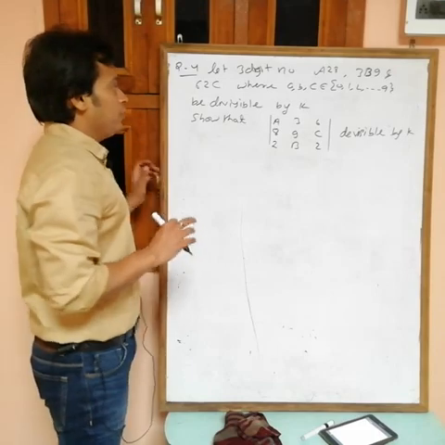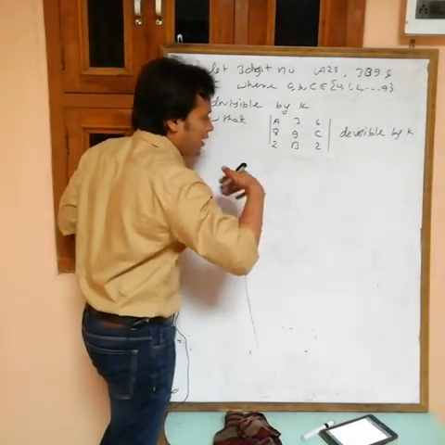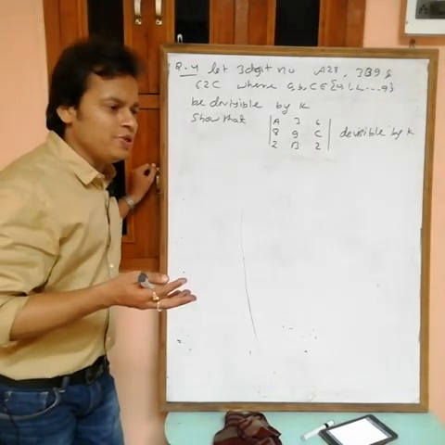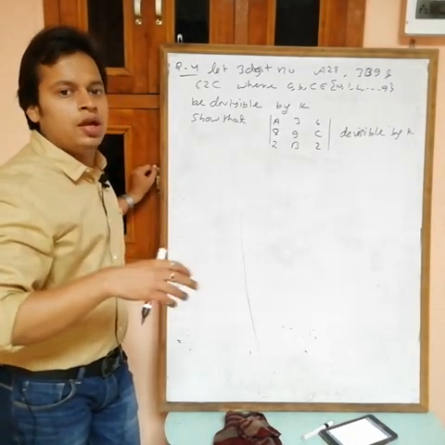Okay, so one minute, if any number is divisible by k, it means that number can be written as k into something.